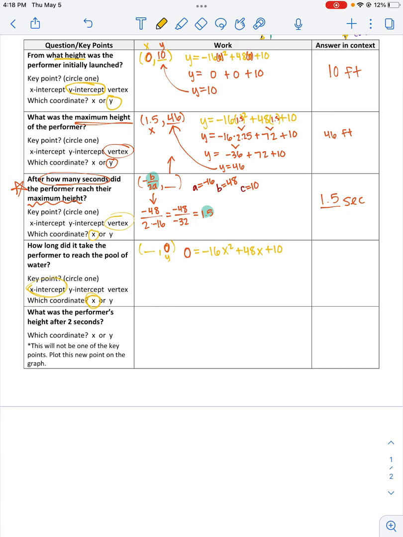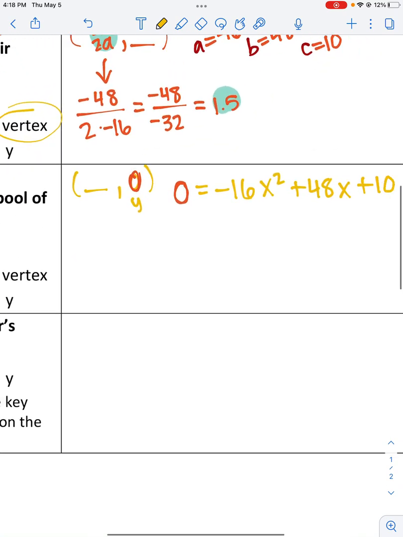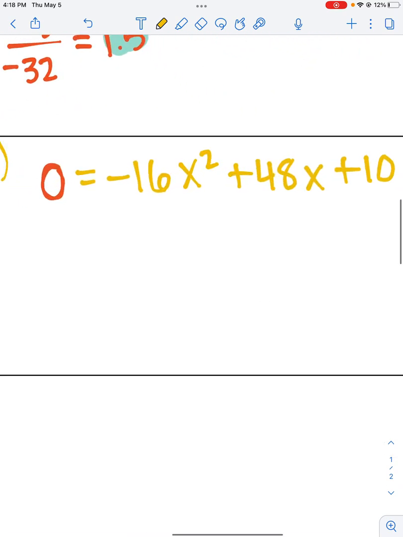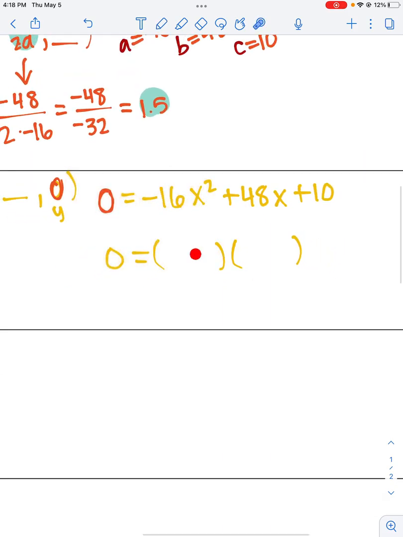To solve this equation, we learned 2 methods. One method would be to solve by factoring. If you are able to break this into the 2 parentheses using the box and that whole process, then you can use the zero product property to figure out what values of x make this equal to 0. However, this does not work every time. It only works when you are able to factor this.